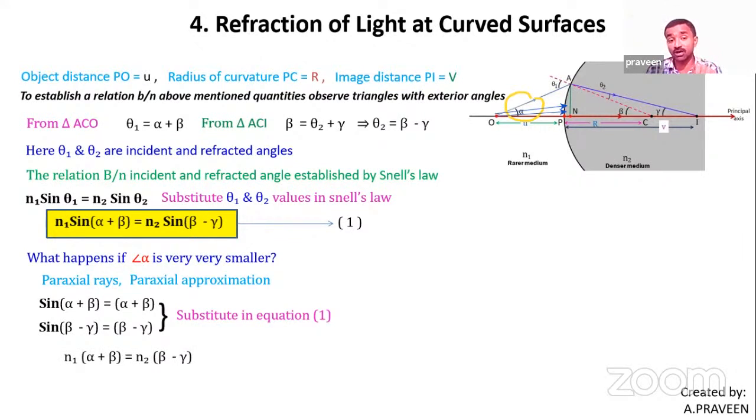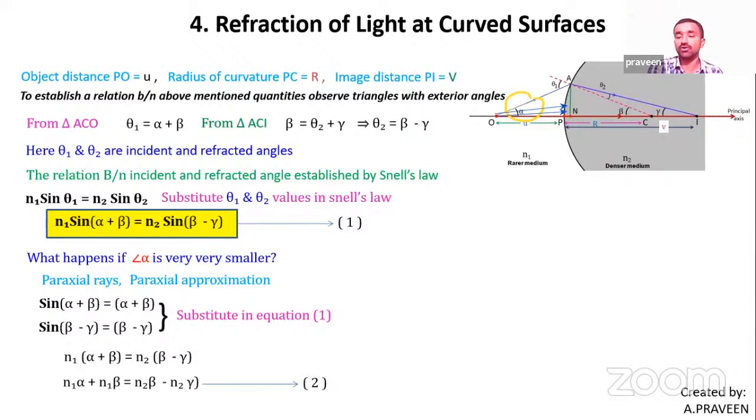Now expanding that, n1 alpha plus n1 beta is equal to n2 beta minus n2 gamma. We take that as relation number 2. So equation 2 is on the screen.